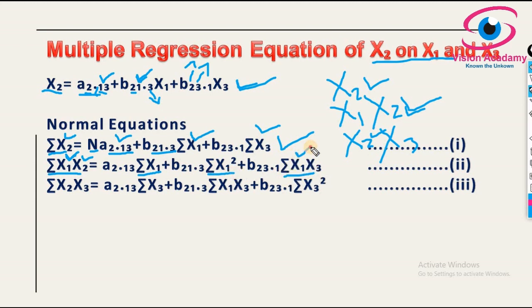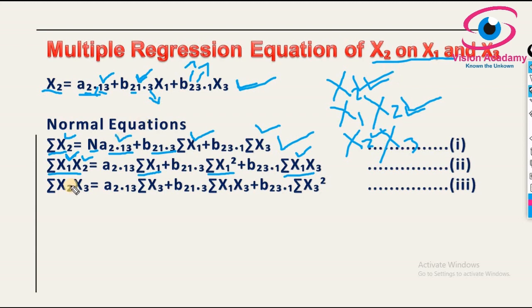You may be confused why we should take summation x1, summation x2, summation x3, summation x1 x3, x2 x3. When we solve the raw data, we have to obtain summation x1, x2, x3, x1 square, x2 square, x3 square, summation x1 x2, x1 x3, x2 x3. That we will know when we solve that raw data.